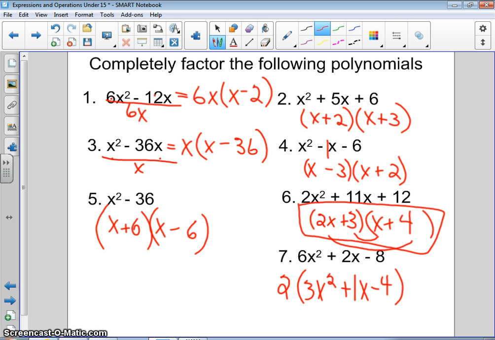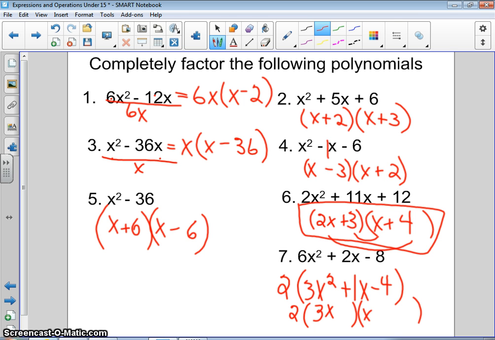I don't know if we can factor it any further, but I do know that if we can factor it further, it's going to be a 3x and an x, because that's the only way that we're going to be able to get x squared. So let's see, 3x times x is 3x squared.